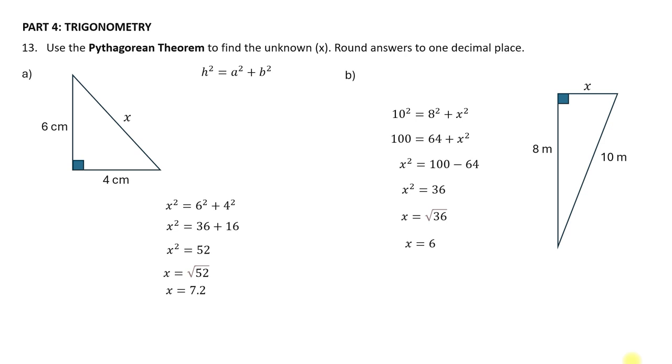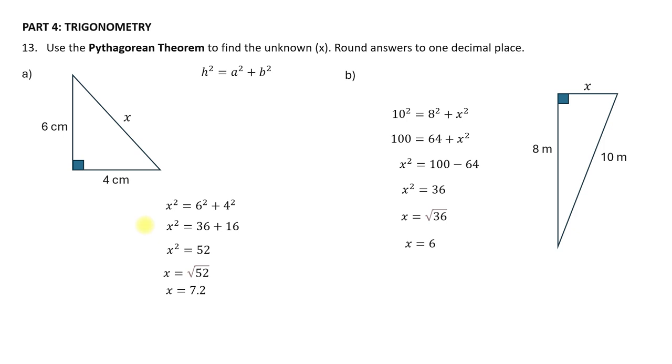Use the Pythagorean theorem to find the unknown x. Round answers to one decimal place. Well, our Pythagorean theorem says that the hypotenuse squared is equal to a squared plus b squared. So in this triangle, we can say that x squared, which is the hypotenuse, equals 6 squared plus 4 squared.